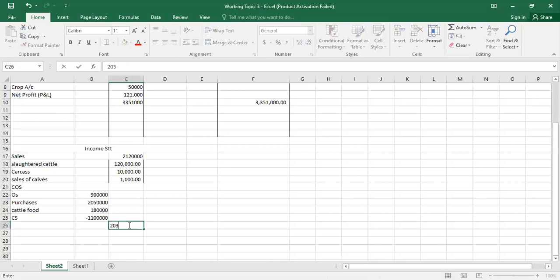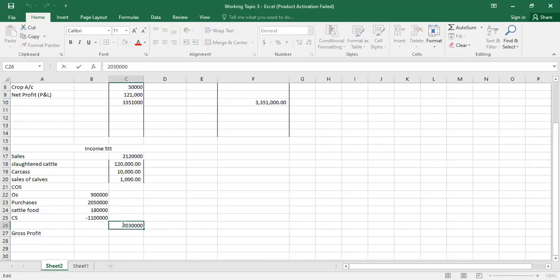Yes. So that's the figure that we are getting, to get the figure for gross profit. So our gross profit will be this figure, we subtract this figure.